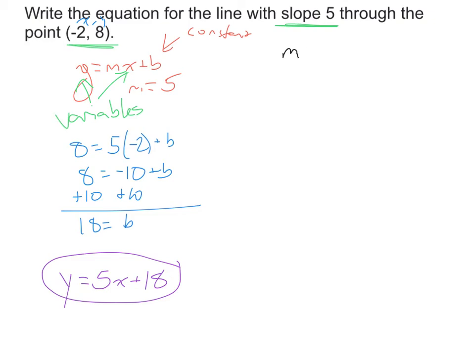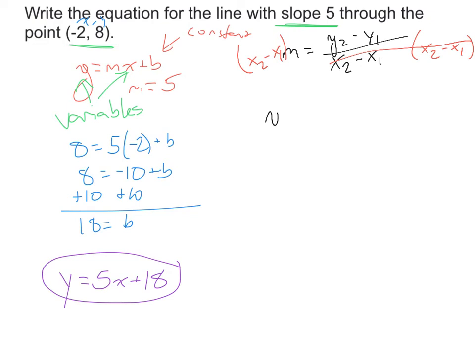We actually have another equation that helps us though. If you remember the slope equation, m equals y2 minus y1 over x2 minus x1, what I can do is multiply both sides of this equation by x2 minus x1. These will cancel, one's on top, one's on bottom, and so I end up getting y2 minus y1 on the left equals m, still multiplied by x2 minus x1.